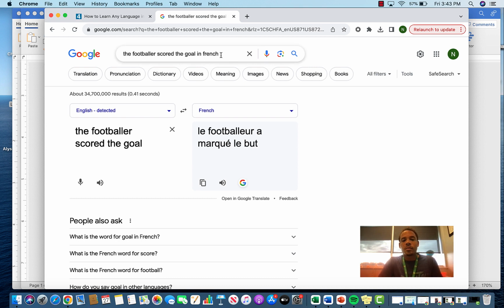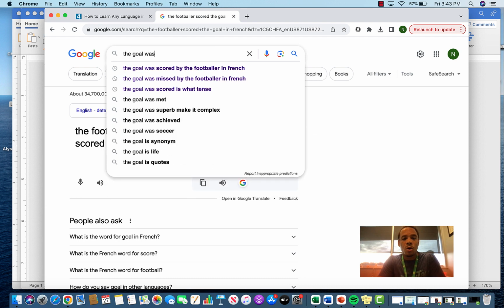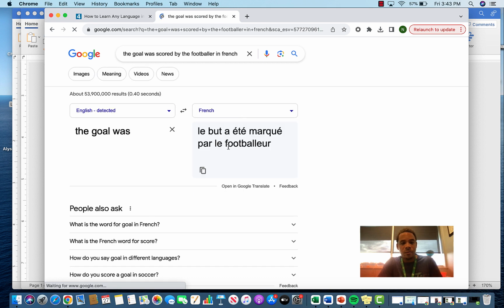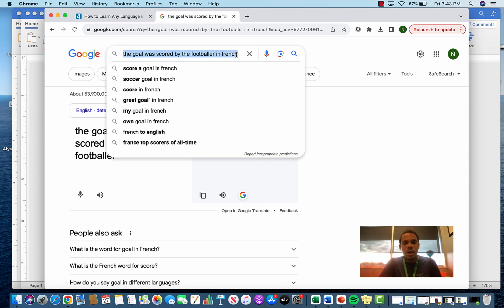And then they would look at the past perfect tense, where it's more of a passive voice. The goal was scored by the footballer in French. Le but a été marqué par le footballeur. So then we get that. And then you would write that on the note card as well.